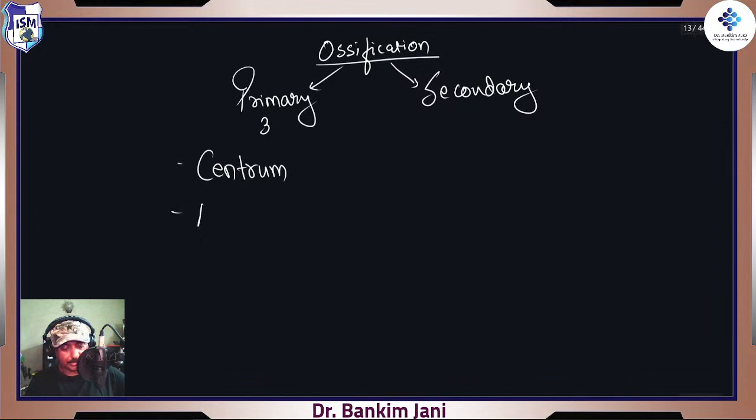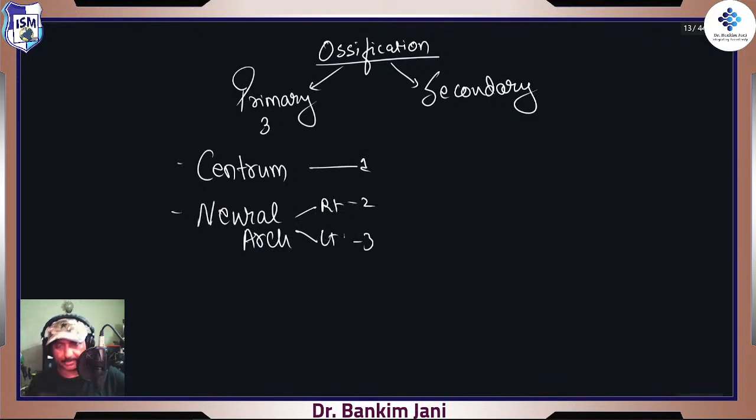And second is the neural arch. Now it makes sense, right? So the neural arch would be right and left. So this is one, this is second, this is third, and done. Three primary ossification centers. How come? Let's draw it. So this is the body, and just in the middle of it that ossification center develops.